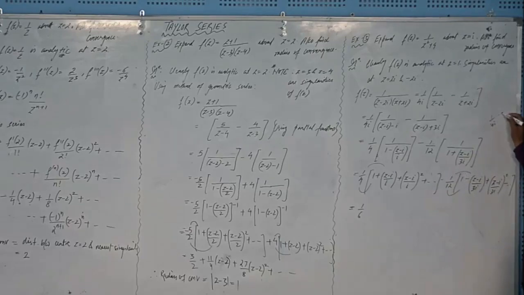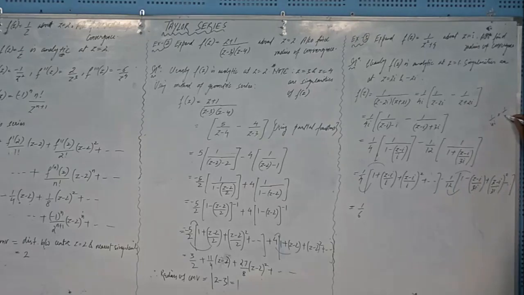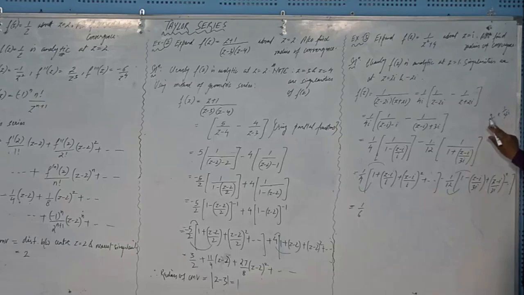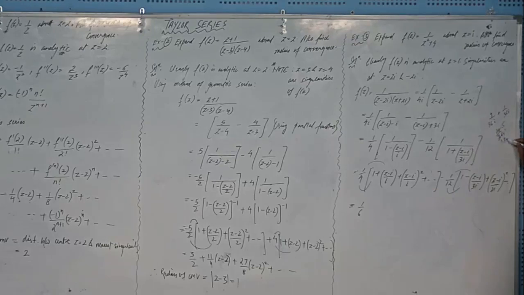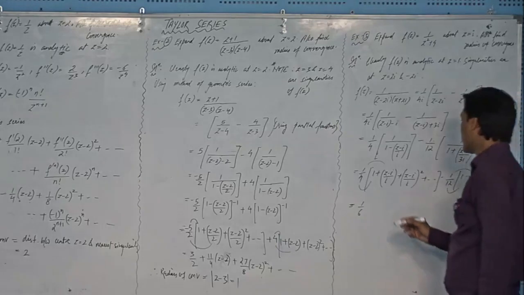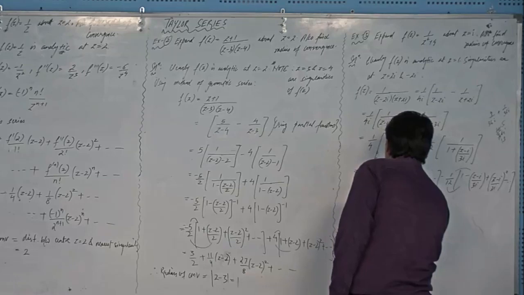So 1 over 4 iota minus 1 upon, no, it will be plus, I think, plus 1 upon 36 iota, right? So you can write it as 9 upon 36 iota, so 10 upon 36, and that will produce 5 by 18 iota, plus 5 by 18 iota times z minus iota, right?